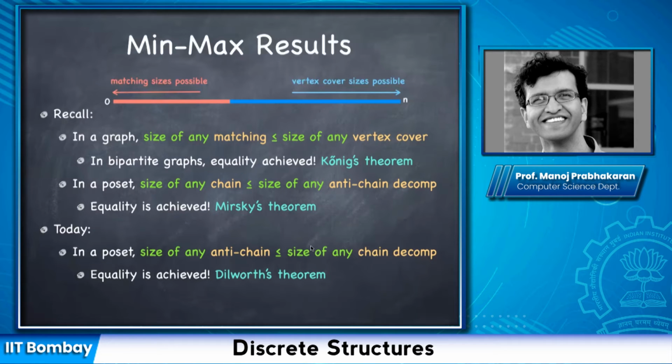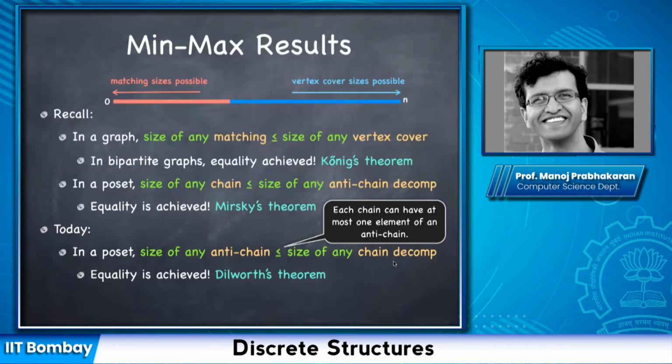Okay, so again, the one direction is easy in this equality: the size of an anti-chain is a lower bound on the size of a chain decomposition, for the same reason as in the case of Mirsky's theorem, that an anti-chain and a chain can have an intersection of size at most 1. So for every element in the anti-chain, the chain decomposition will have to spend a separate chain on it.